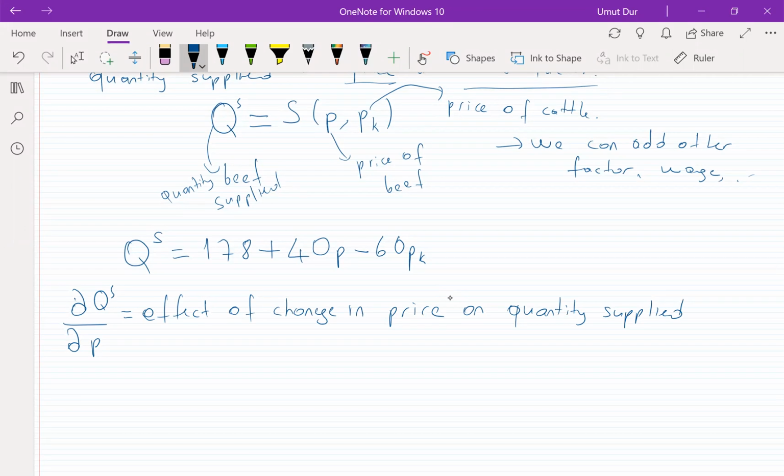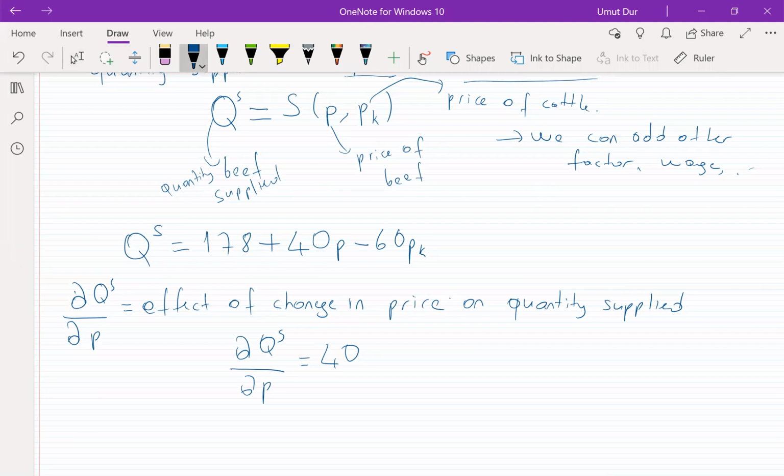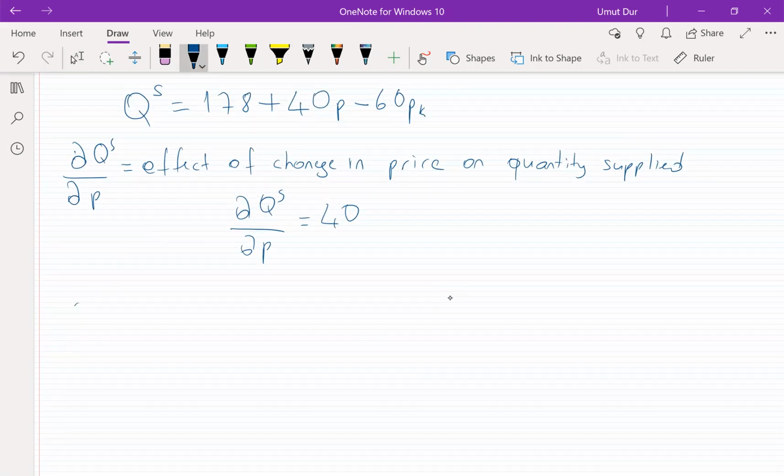And here it will be basically dQS over dP equal to 40. And similarly we can calculate the effect of the change in the price of the inputs, dQS over dPK, which will be -60.